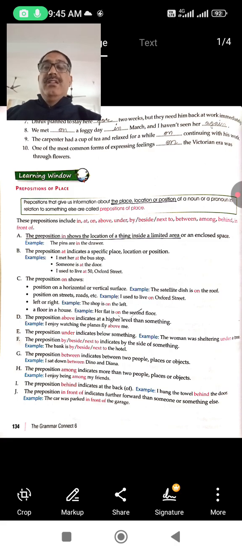For example, the car was parked in front of the garage. My house was in front of your house. The boy was standing in front of me. So these are the examples of it.